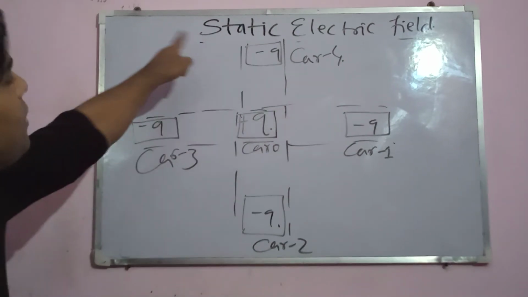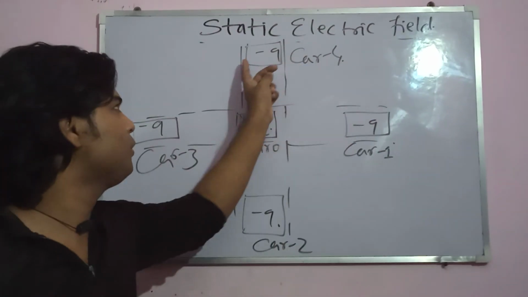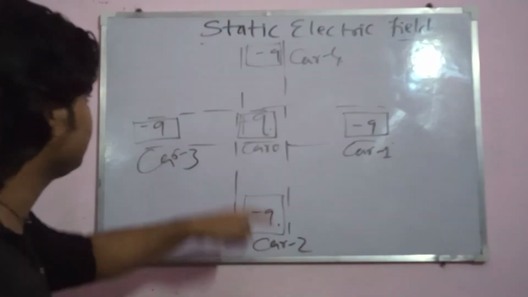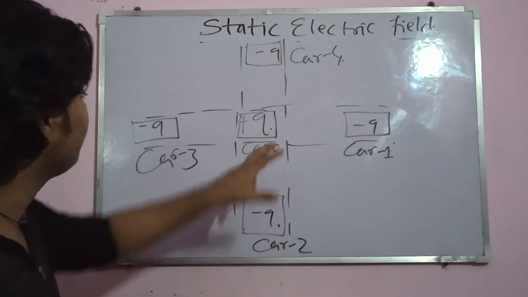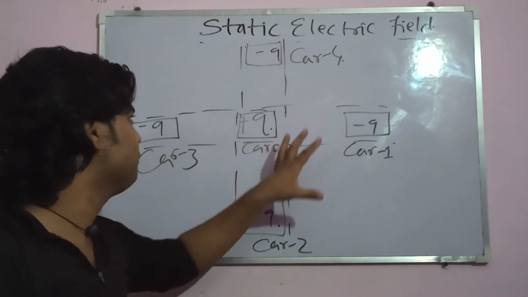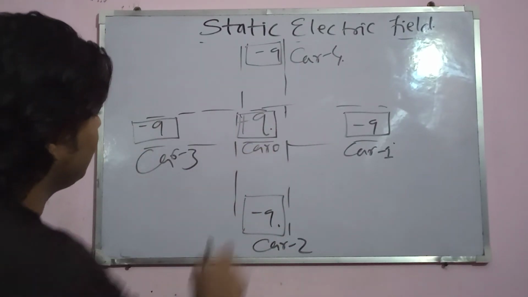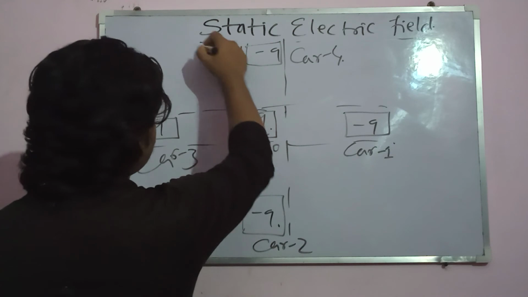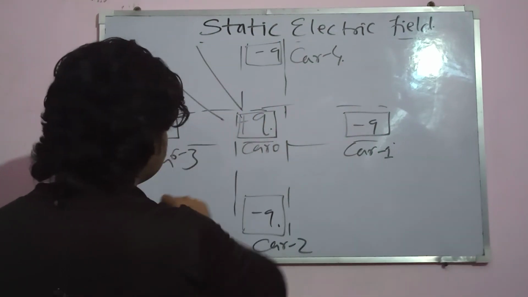And if I have innumerable cars carrying opposite charge, equal in magnitude, at an equal distance from plus Q, then we can see all the cars carrying minus Q rushing towards car 0. And what is the road map? The road map will be like this.